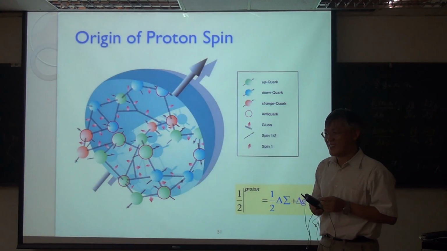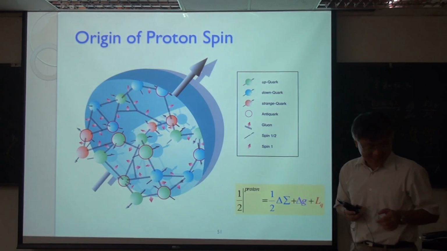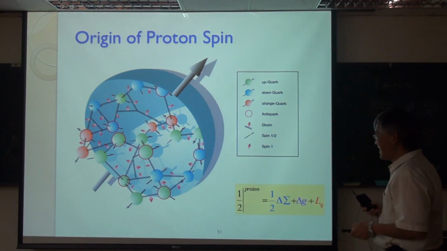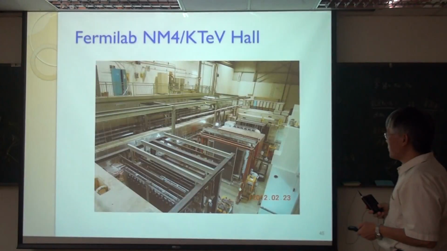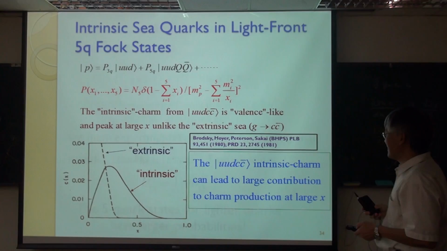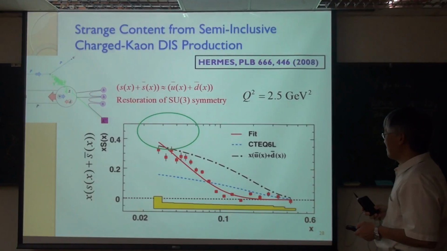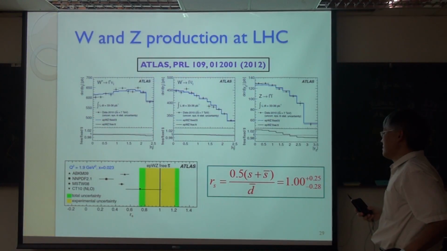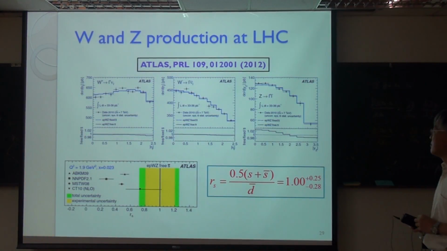You showed the ATLAS result, which is sort of inconsistent, right? Inconsistent with, you mean the strangeness is too big? Yes. I just wondered, because ATLAS, just like CMS, has no particle ID, at least for kaons or lambdas, whatever.